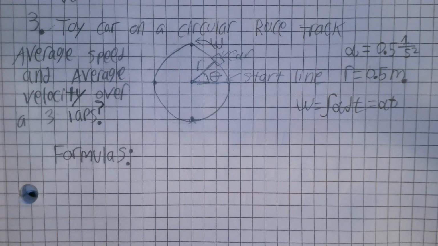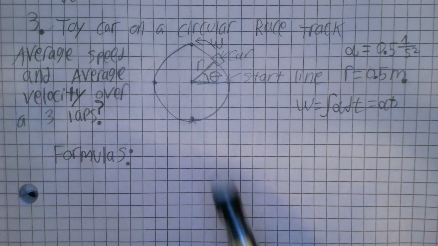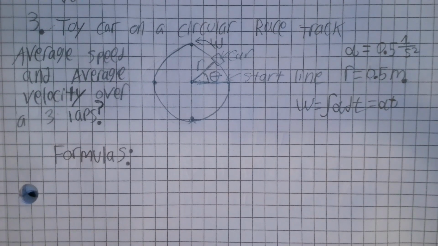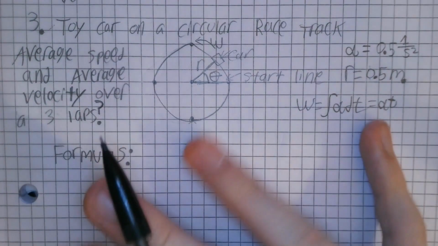And now, because that's alpha t, we're going to assume, because a car obviously starts at rest in a race, that angular velocity is 0, so we won't have to add a constant of integration there. And we'll have that.